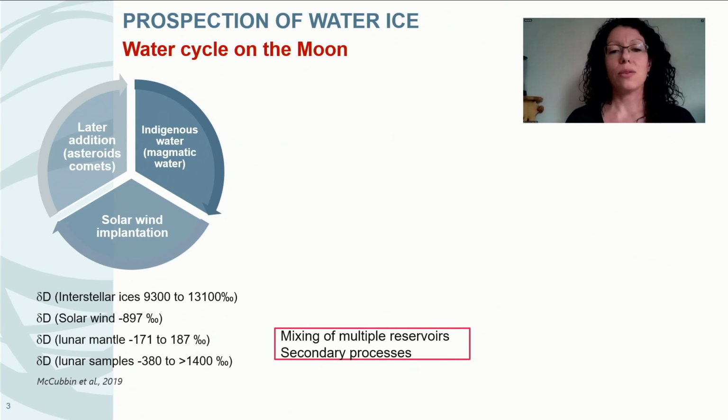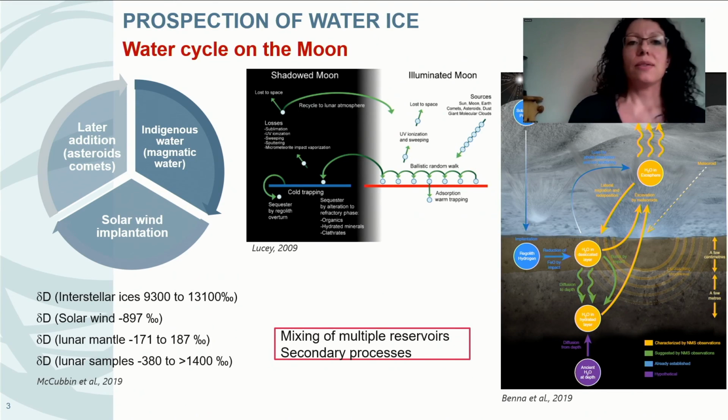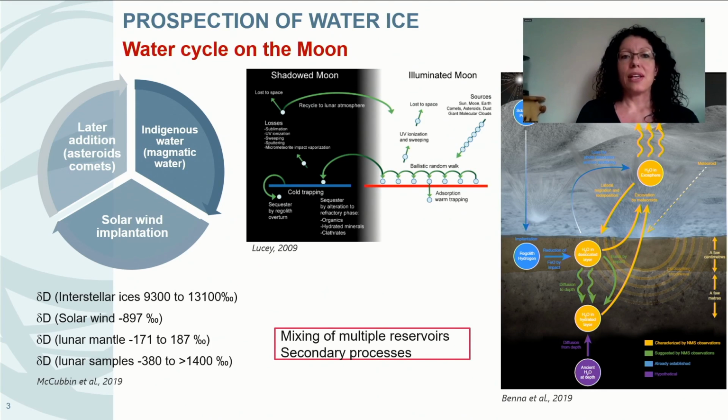That means that it could come from a mixing of multiple reservoirs of different origin, or can be due to secondary processes. Those secondary processes are also poorly understood. And one of those secondary processes is sublimation, and it contributes to the water ice deposit loss.